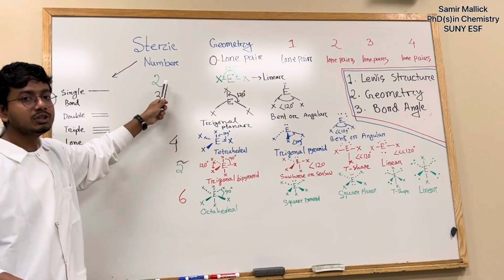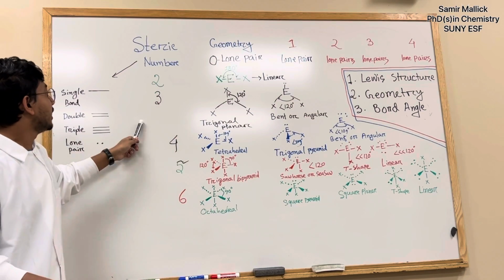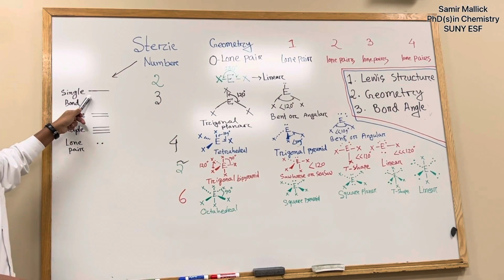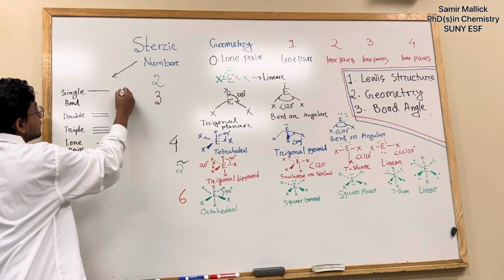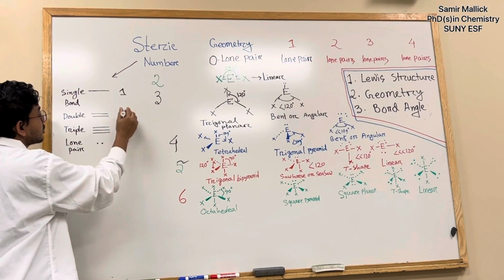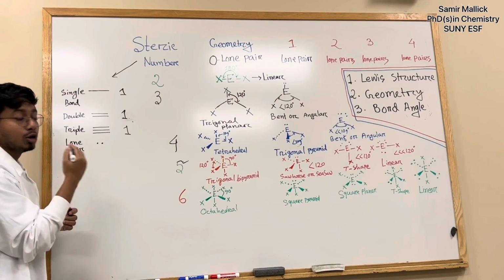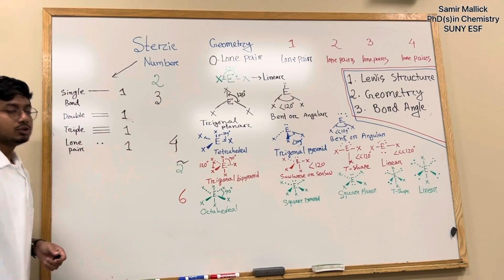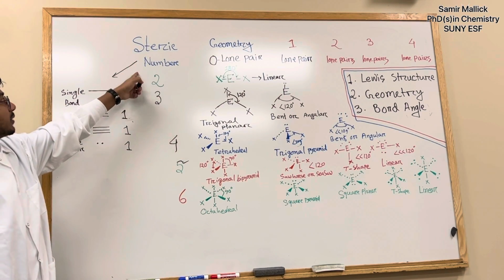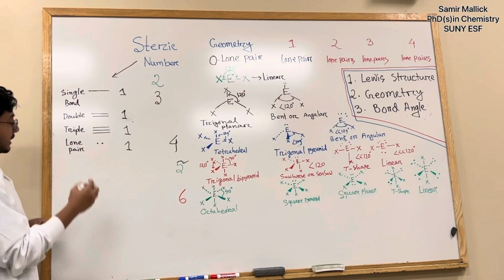First, to determine the steric number, you need to know that a single bond counts as 1, a double bond also counts as 1, a triple bond also counts as 1, and a lone pair also counts as 1. To determine the steric number, I can give you an example.